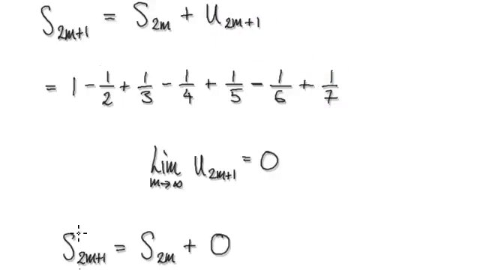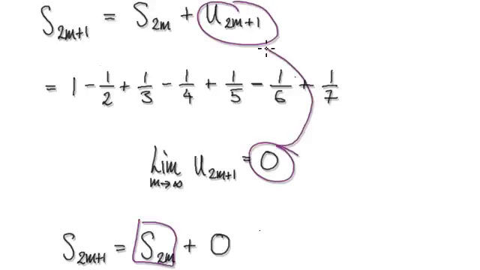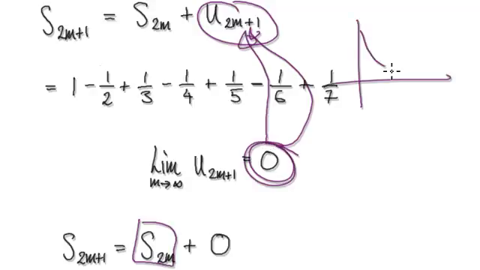So for summing up an odd amount, just sum up all the even ones, and then you have to add your last amount. Well, the last amount is 0. As you take the limit as m tends to infinity, the last amount will be 0, because if you have a sequence that's heading towards 0, then as you head towards infinity, it's going to be 0.